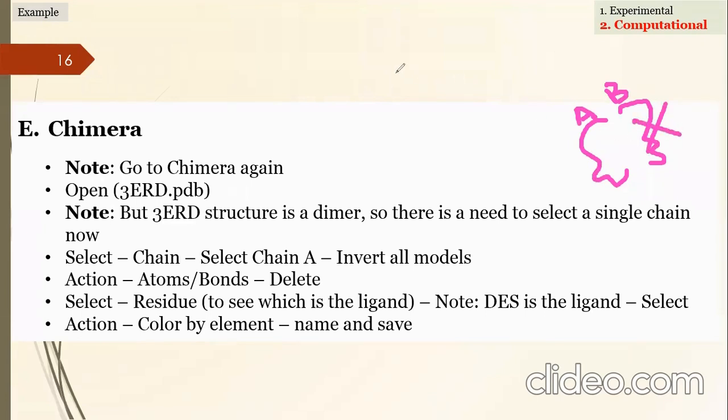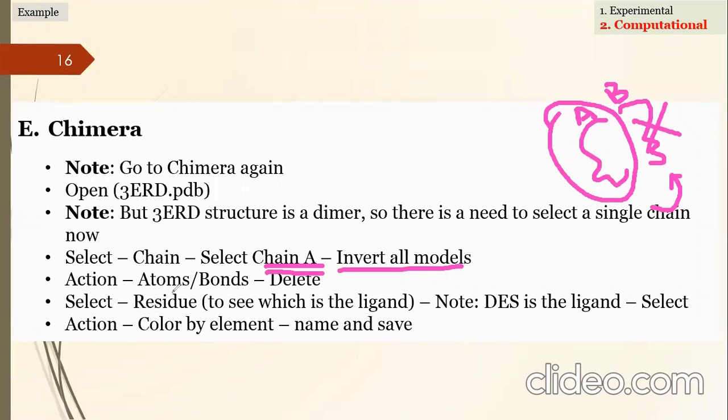So how will you delete one? Now you will select chain A. So this chain will be selected. If you select this chain, then click invert model. By inverting the model, this one will be selected and chain A will be free.